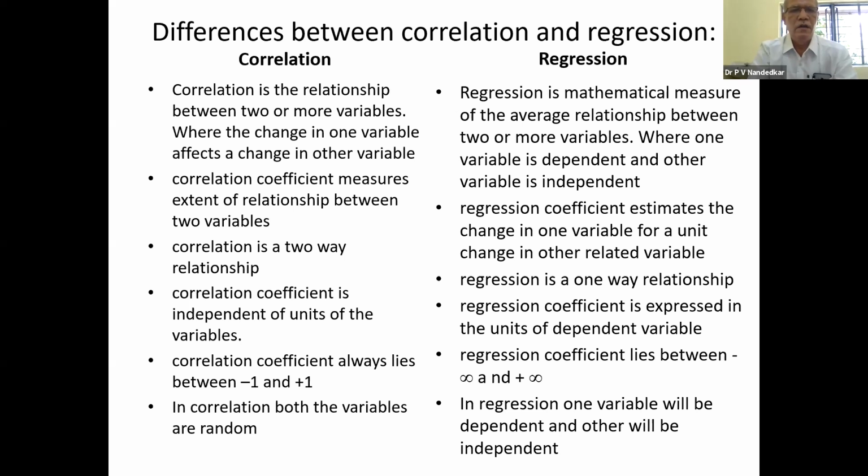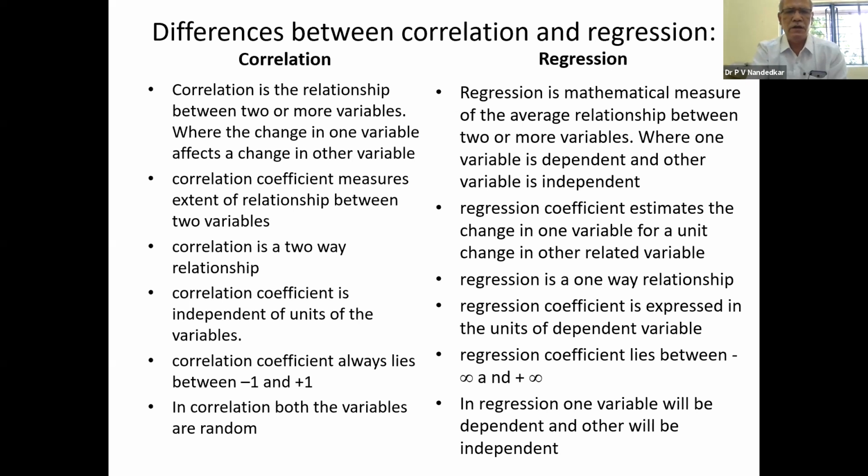So the correlation coefficient is a two-way type of relationship, whereas regression is only a unidirectional, or one-way, type of relationship. This is also very important. The correlation coefficient ranges between -1 and +1, whereas the regression coefficient extends from minus infinity to plus infinity.